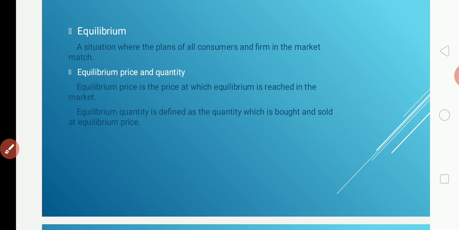Now we'll see what the equilibrium price is. The equilibrium price is the price at which equilibrium is reached in the market. The next one is the equilibrium quantity, which is the quantity bought and sold at the equilibrium price.